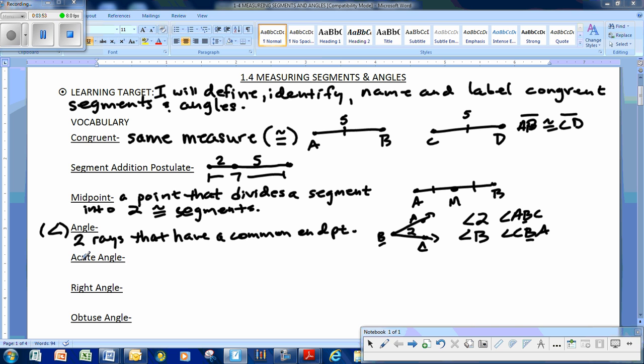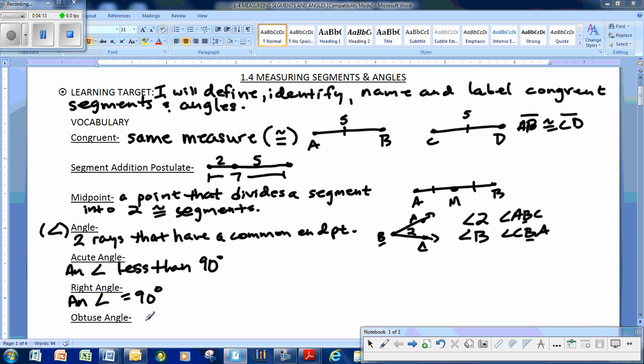All right, next we're going to classify angles. Next, we're going to talk about an acute angle. An acute angle is an angle that's less than 90 degrees. A right angle is an angle equal to 90 degrees.